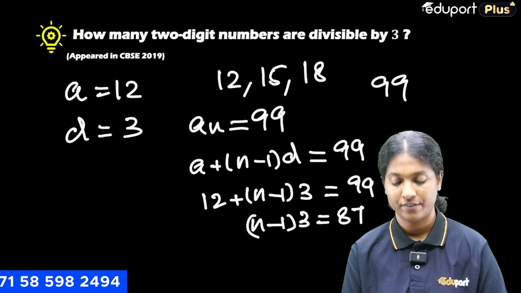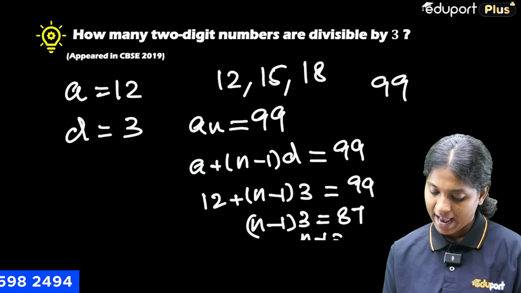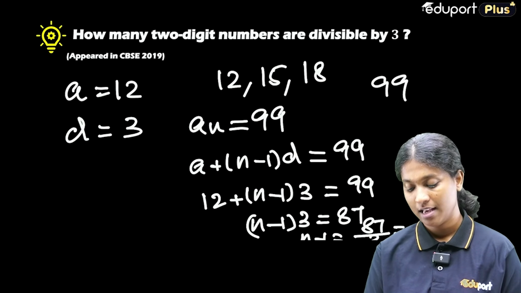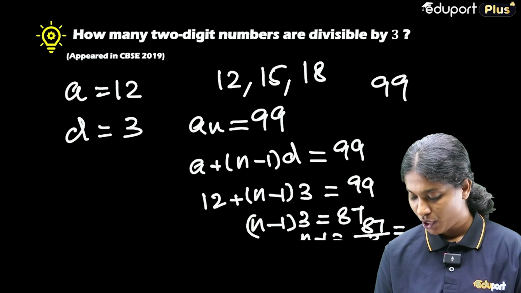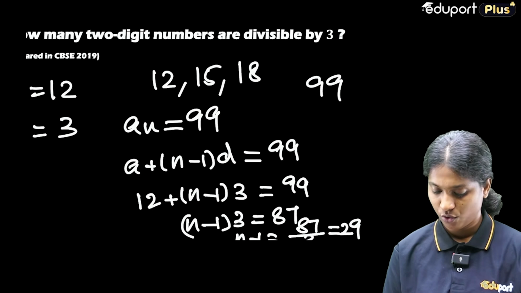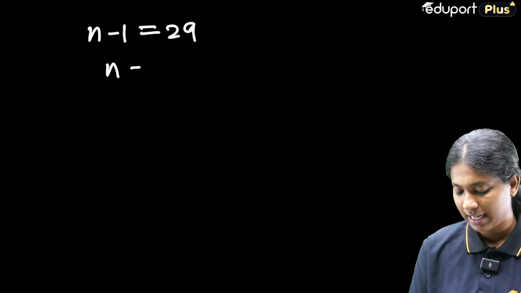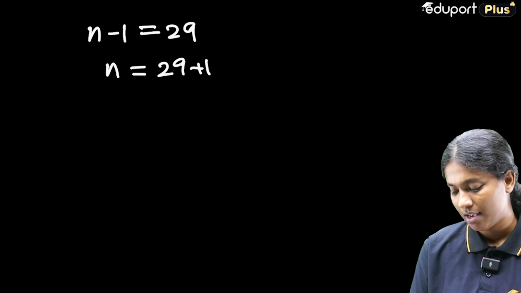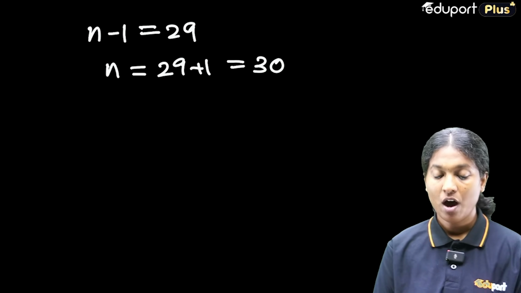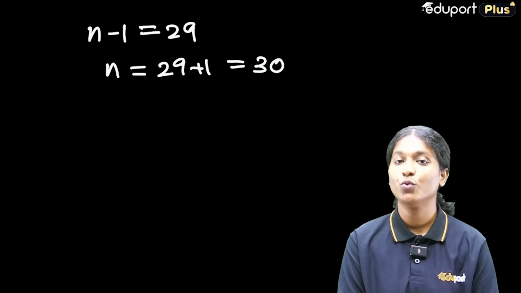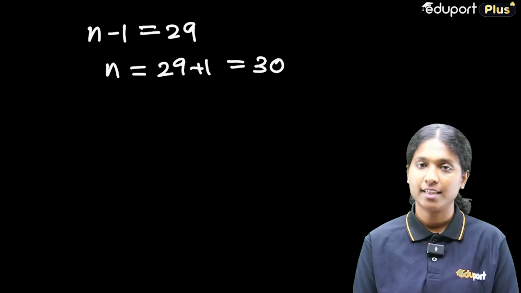So, you get n minus 1 as 87 by 3. 87 by 3 will be 29. So, n minus 1 is equal to 29. So, n is equal to 29 plus 1 equal to 30. So, 30 two-digit numbers are divisible by 3.